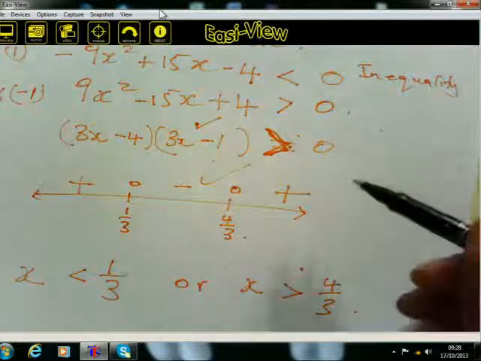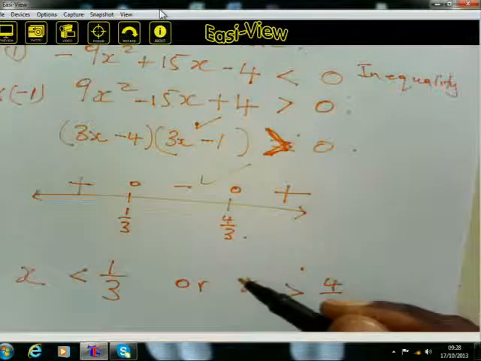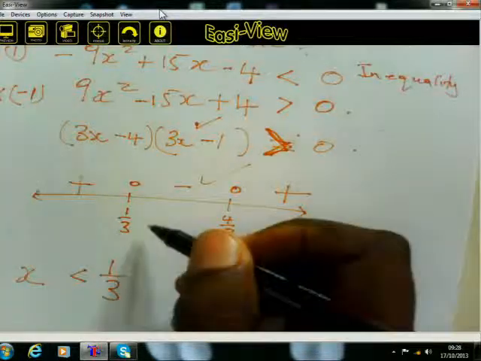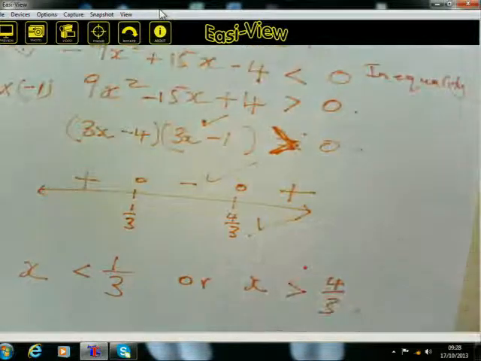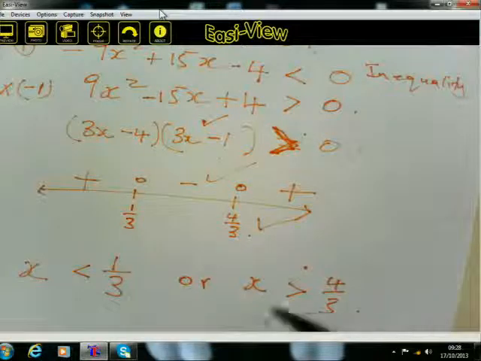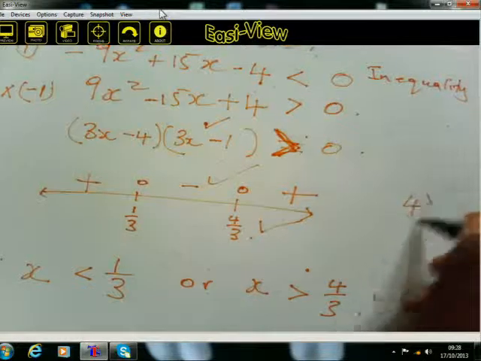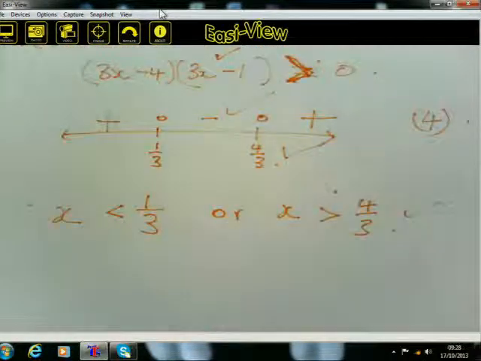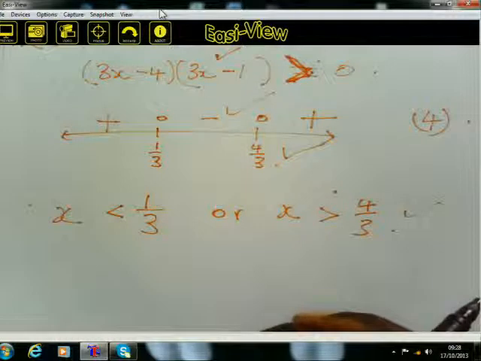And then for 1 over 3 and 4 over 3, you get a mark. And then for the whole answer, you get a mark. That is going to count 4 marks. That is how this inequality is going to go.